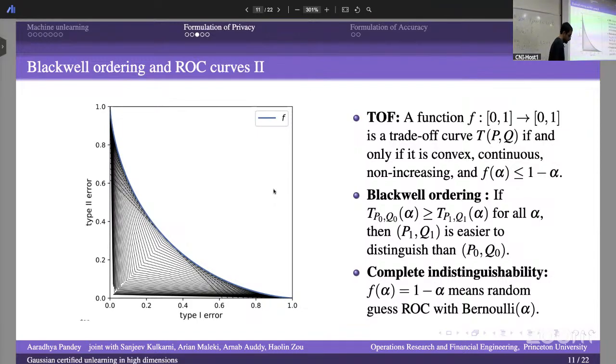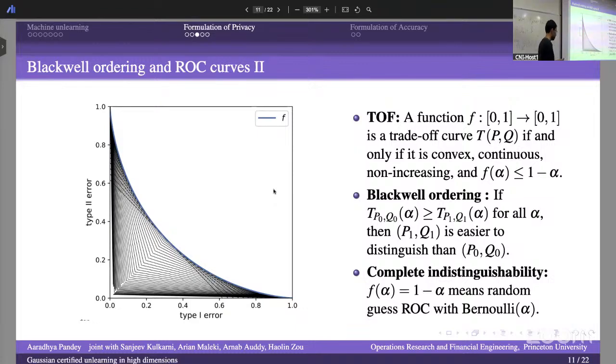Now comes the idea that we have a class of functions coming out of these pairs of probability measures. We define something called Blackwell ordering, after David Blackwell. The idea is the following.